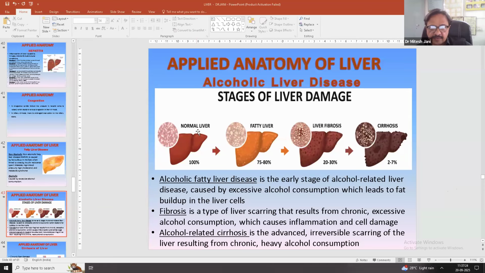So normal liver, after taking alcohol, fat deposition in the liver, continuing alcohol, fibrosis develops, and in the heavy alcohol drinker, ultimately cirrhosis of the liver develops. So these are the stages of alcoholic liver disease.